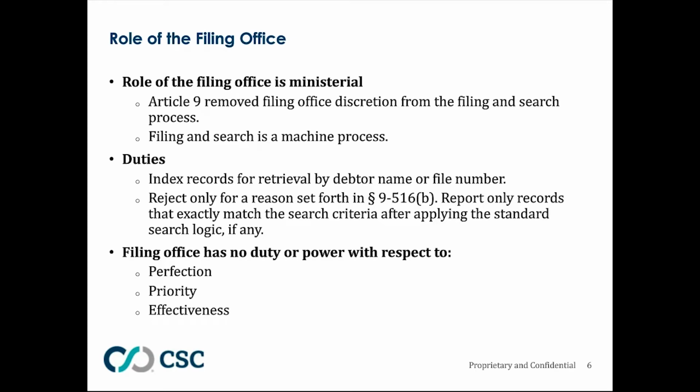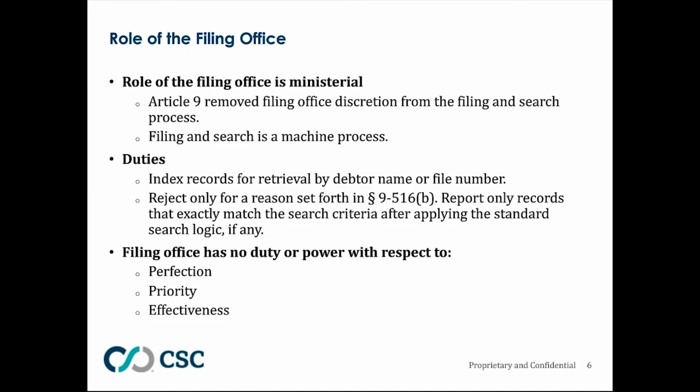All they do is they file the records that come in and they report the information. Perfection and priority is determined by functions outside the public record. That's between the debtor, the secured party, and the courts typically, and other interested parties. It's not determined by the filing office. So the filing office cannot determine perfection because that's dependent on factors outside the public record.